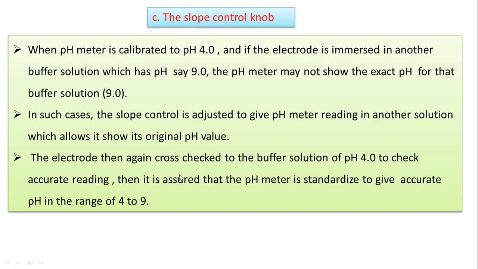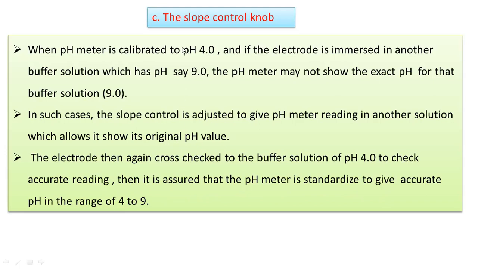Then the electrode is cross-checked again in the initial buffer solution, with pH 4.0, to check the accurate reading. Then it is assured that the pH meter is standardized to give accurate readings in the pH range from 4 to 9.